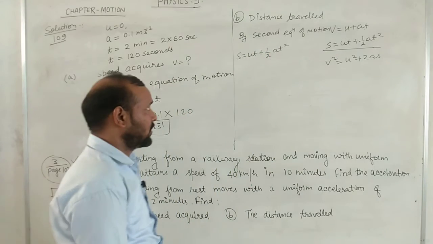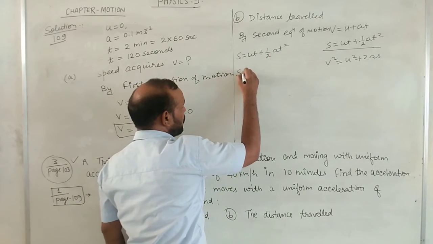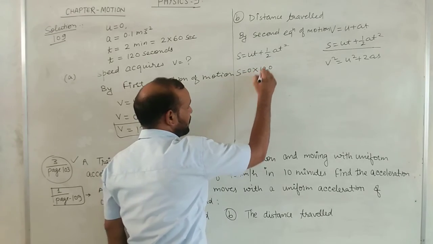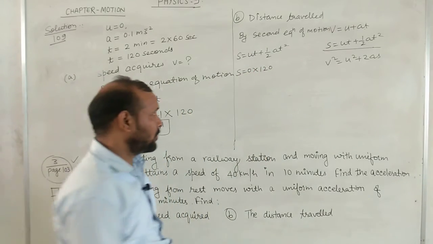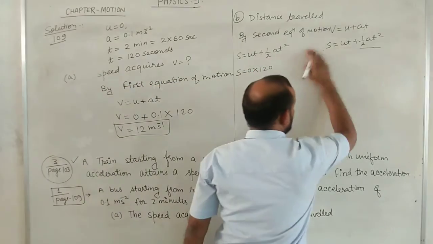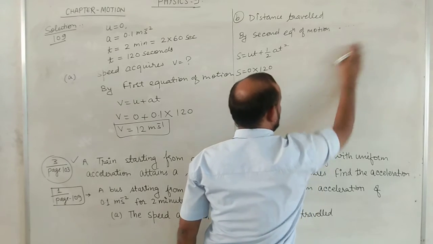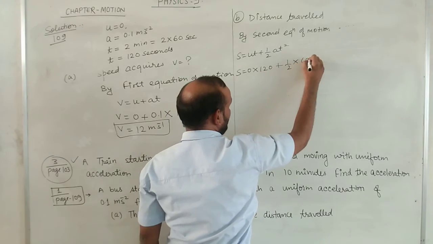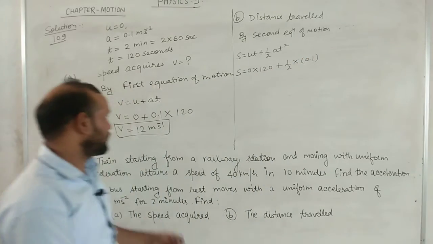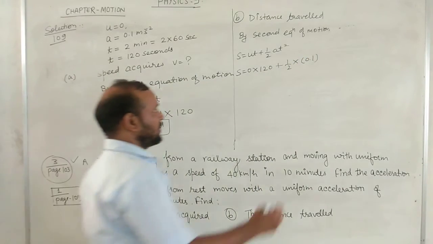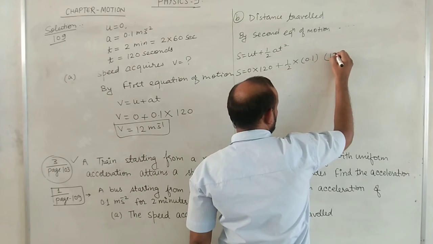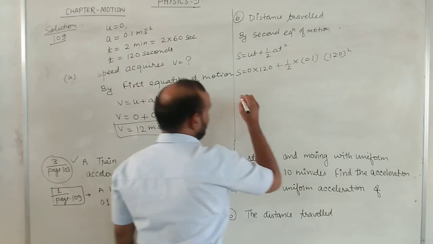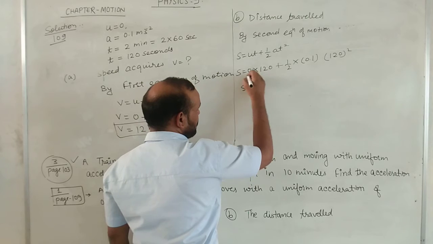Put the values. s is equal to u, ours is 0, and time 120, so this is 0. Plus half a, acceleration is 0.1 you have given, and time is 120 seconds, so 120 square. Then this term is 0.